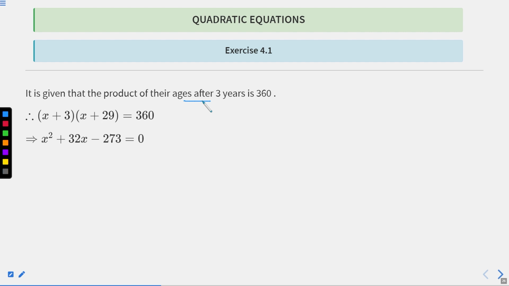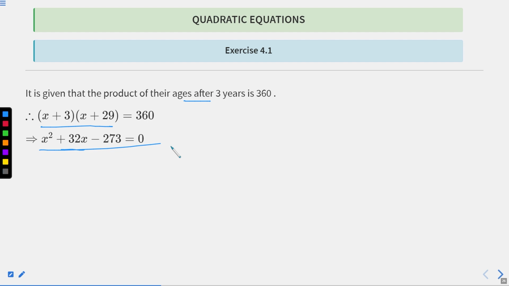Therefore x plus 3 times x plus 29 is equal to 360. If you simplify it, it implies x squared plus 32x minus 273 is equal to 0. This equation is a representation of the following situation in the form of quadratic equation.